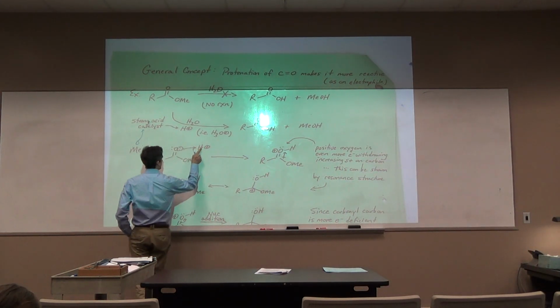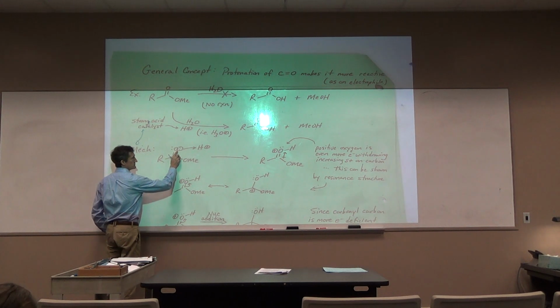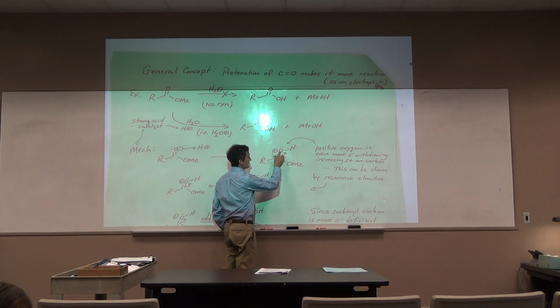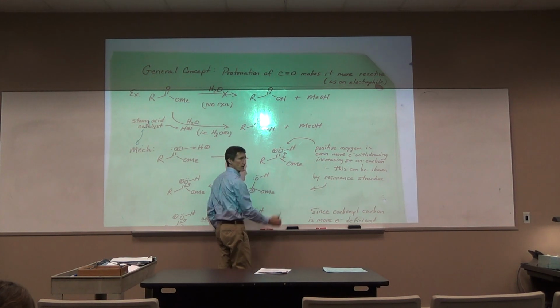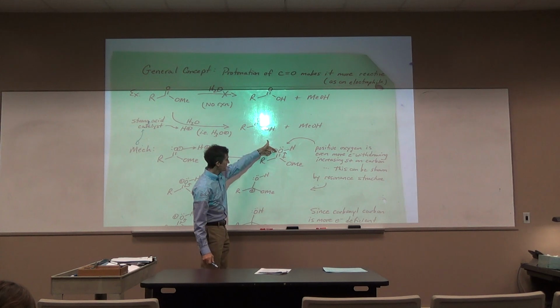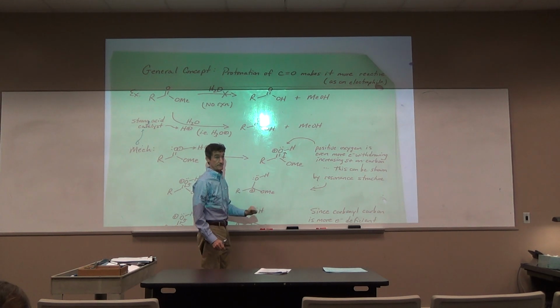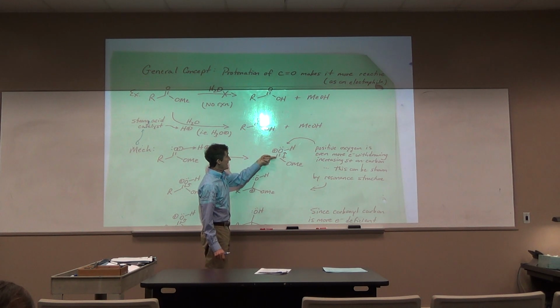When we protonate the carbonyl and make the oxygen of the carbonyl positive, it's now even more electron withdrawing. This oxygen now is like, hey, I really need electrons now. You made me mad. And it pulls on this pi bond more.